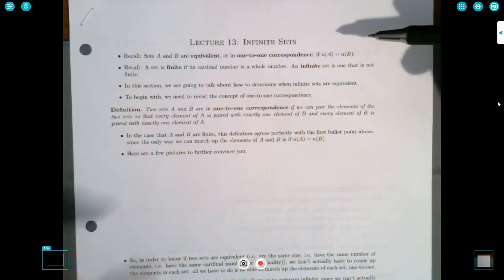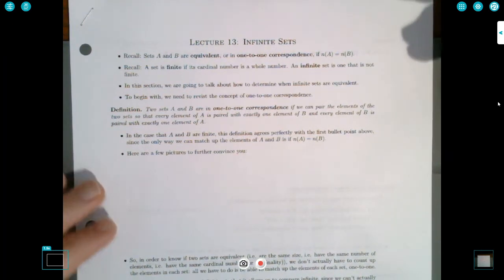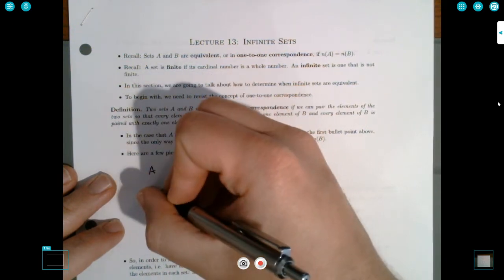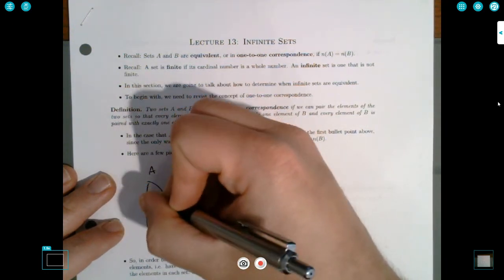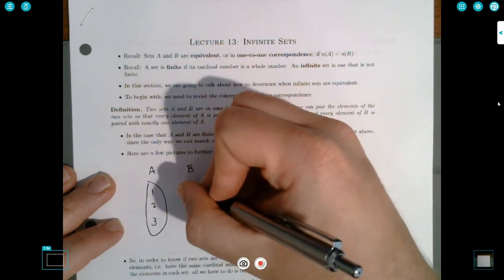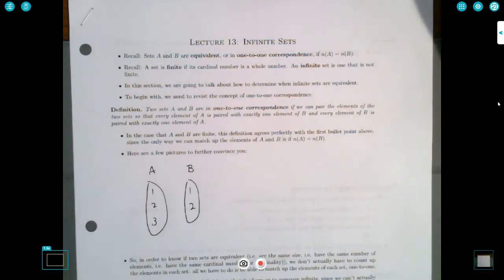And here are some pictures to kind of further convince you of that. So let's say that we had one set A that's made up of the numbers 1, 2, and 3. And then let's say we have another set B that's made up of the numbers 1 and 2. Now, can we match those up one-to-one? Of course not, right?